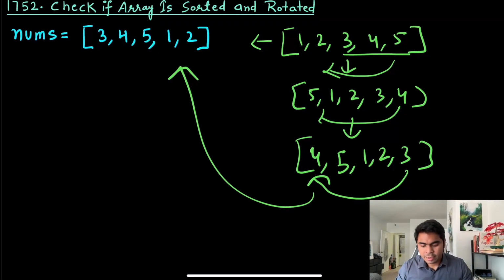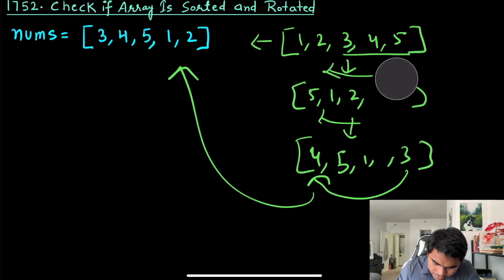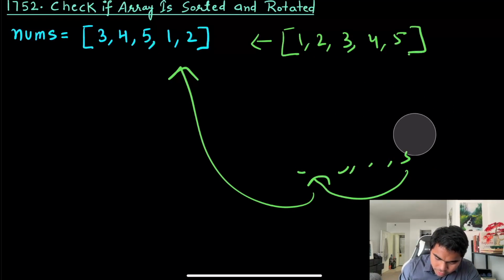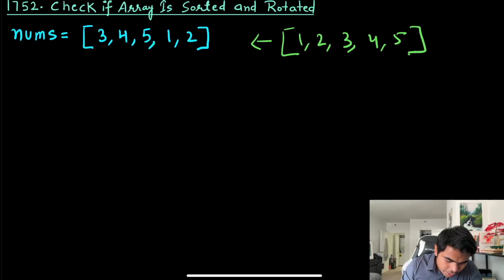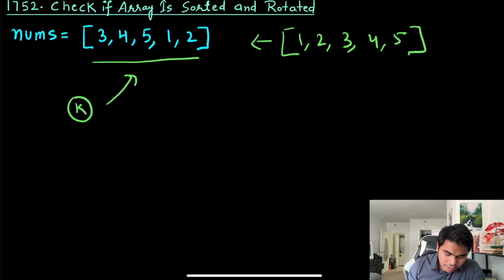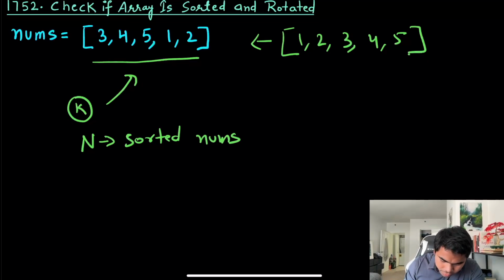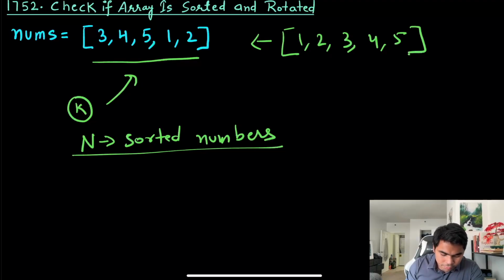Now tell me, if before the rotation this array was sorted, then I should be able to start from some k index in my rotated sorted array, and then I should be able to see n sorted numbers, right? I'm basically talking about the brute force approach right now.